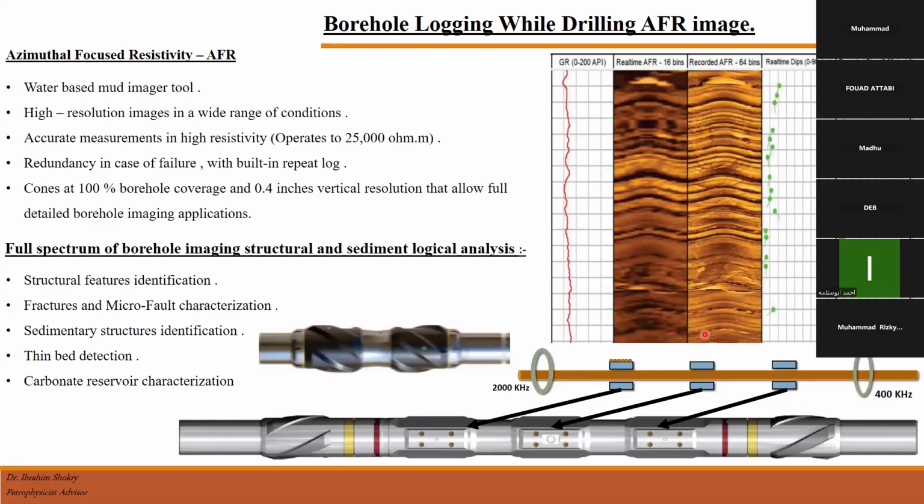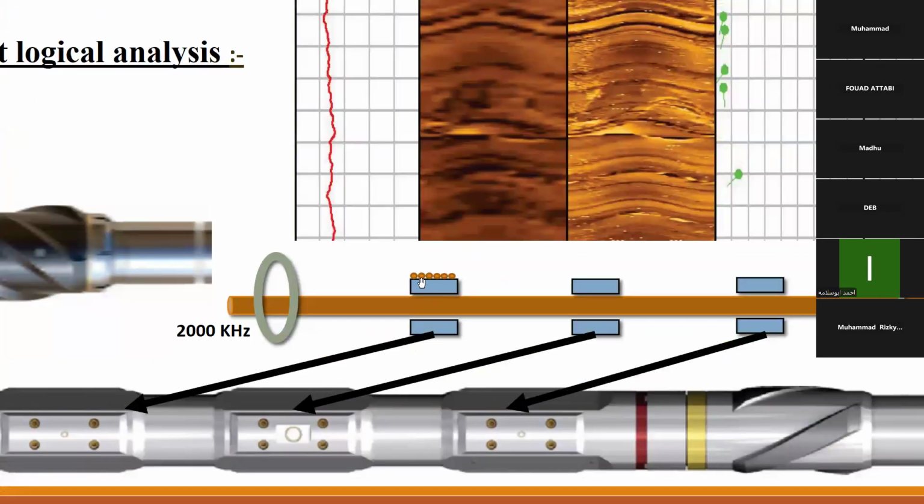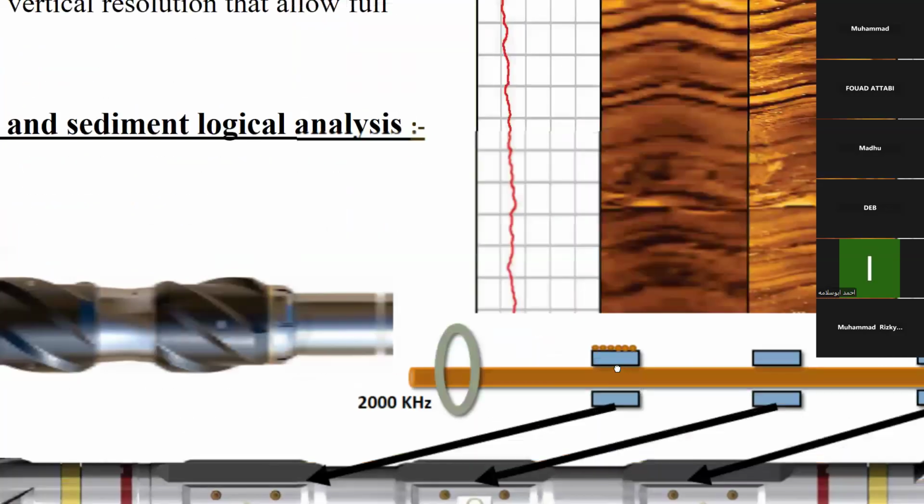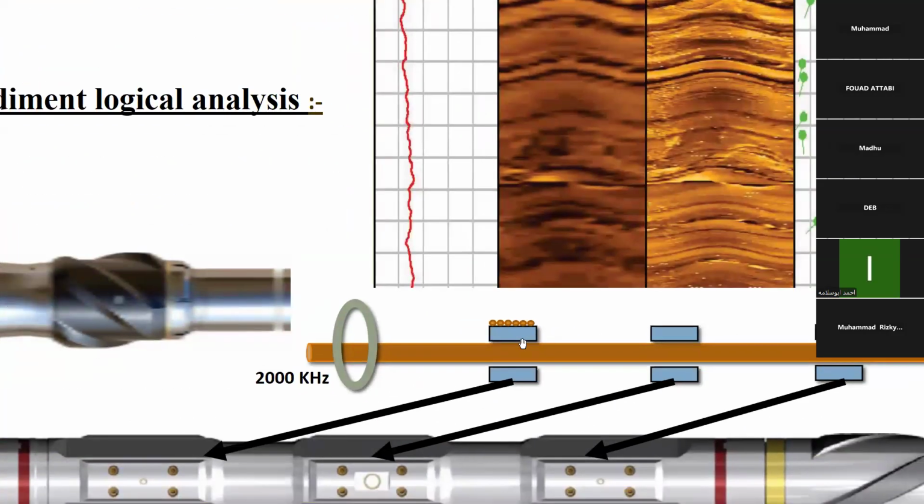If we observe here, we have these pads with electrodes, which are the sensors. These pads are rotated in 360 degrees, and the sensor can record 180 values per scan, with one scan per 1 foot.